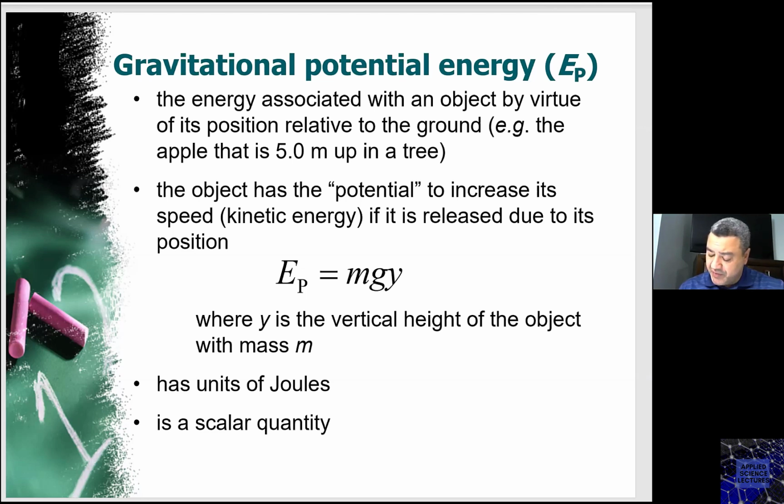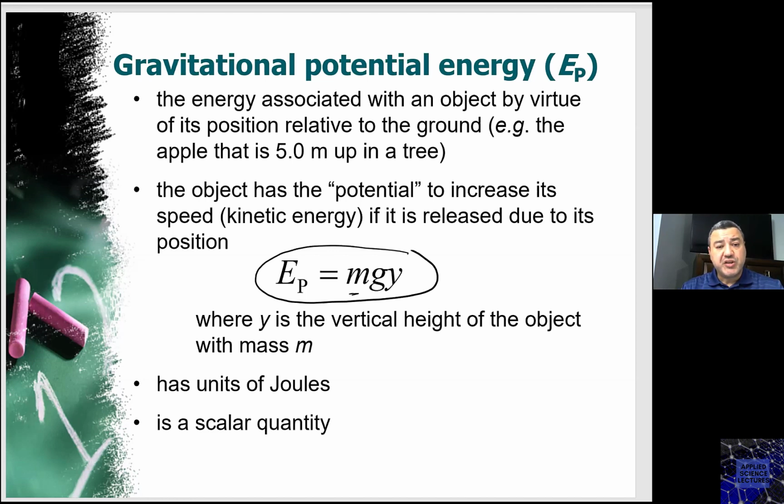The expression that defines the gravitational potential energy is EP equals mgy. So it is proportional to the mass, to the gravity, and to the location from the ground. The unit for the gravitational potential energy is joules as well, and that's also a scalar.